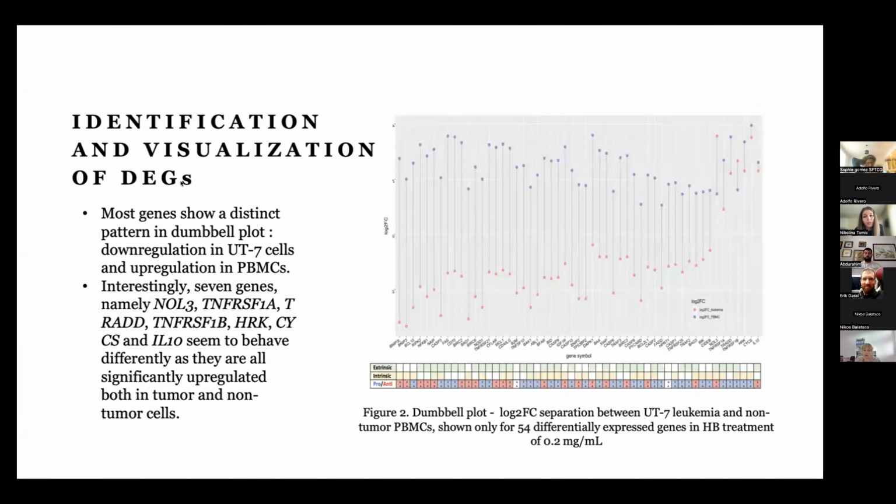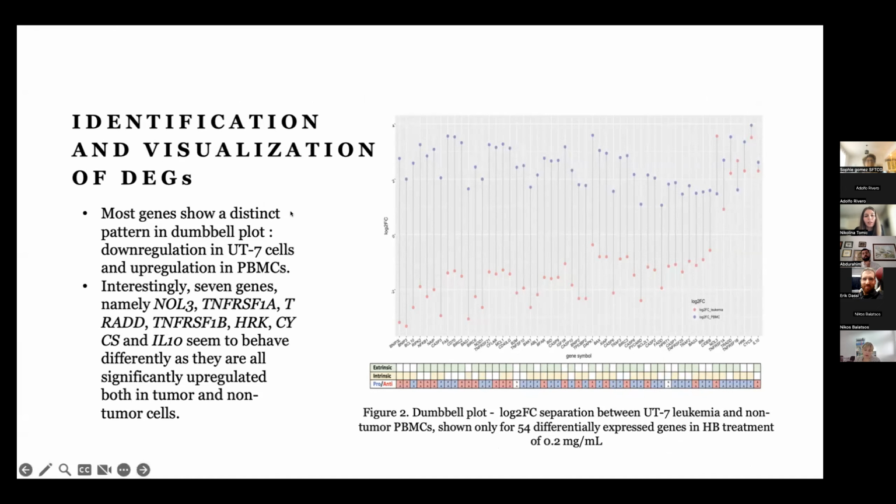A dumbbell plot was constructed to visualize significant fold changes in this particular treatment of 0.2 milligrams per milliliter of halogenated pyroxene against the relative negative control of the UT7 and PBMC cell lines, in order to see how much variation there is. Most of these 54 genes showed a similar pattern.